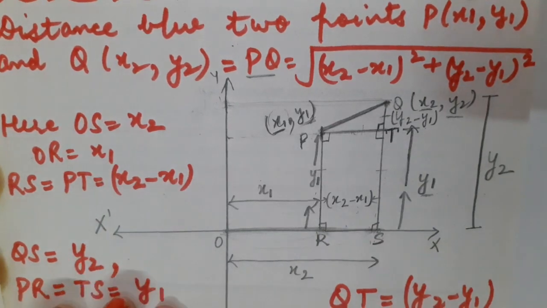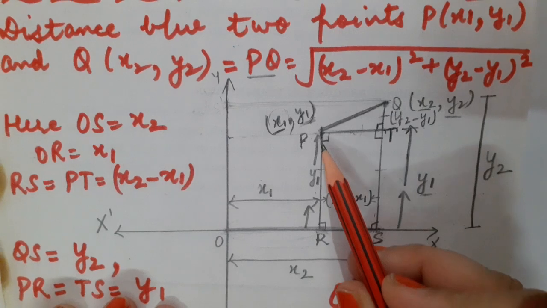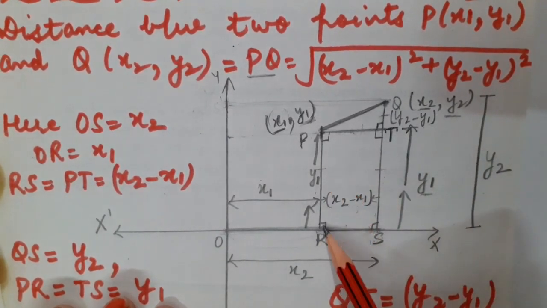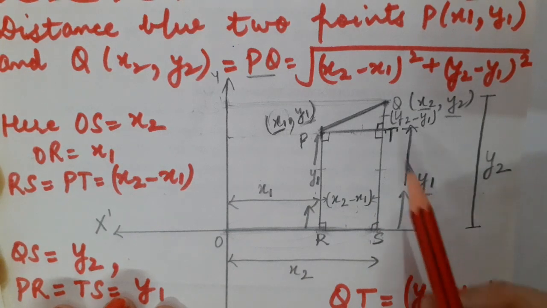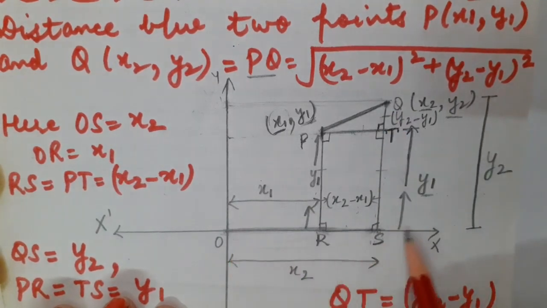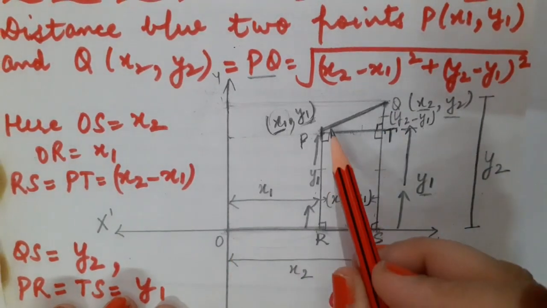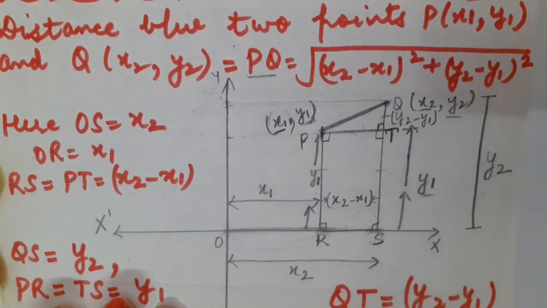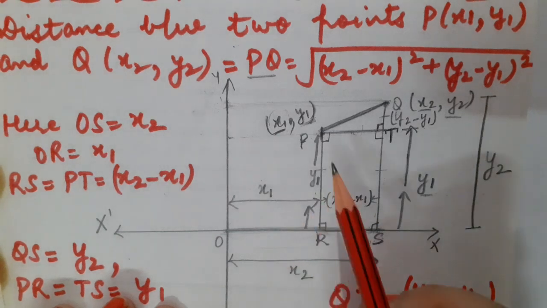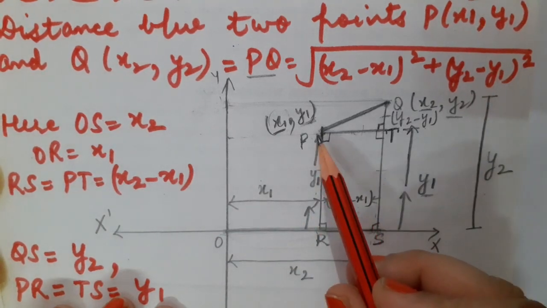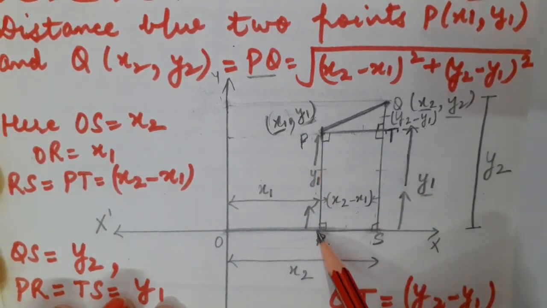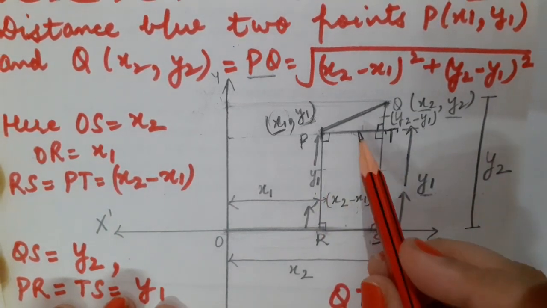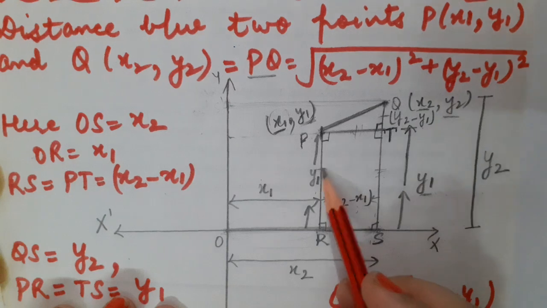Correct, students? Now children, we will have to go for the construction also. We can say that PR is perpendicular to the x-axis and QS is also perpendicular to the x-axis. In the same manner, PT is perpendicular to QS. Fine, students? Now children, in this diagram, you can easily judge that PTSR will be a rectangle because every angle is 90 degrees and opposite sides are also equal in length.